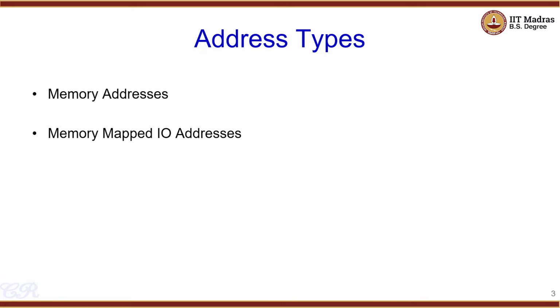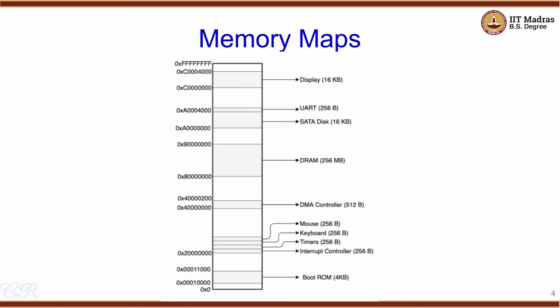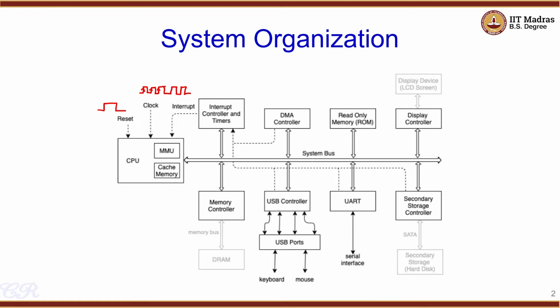So anything that the CPU does on the system bus is always linked with one or more addresses, right? So just to give an example, the system bus has something known as address lines, and these addresses generated by the CPU are placed on the system bus on these address lines.